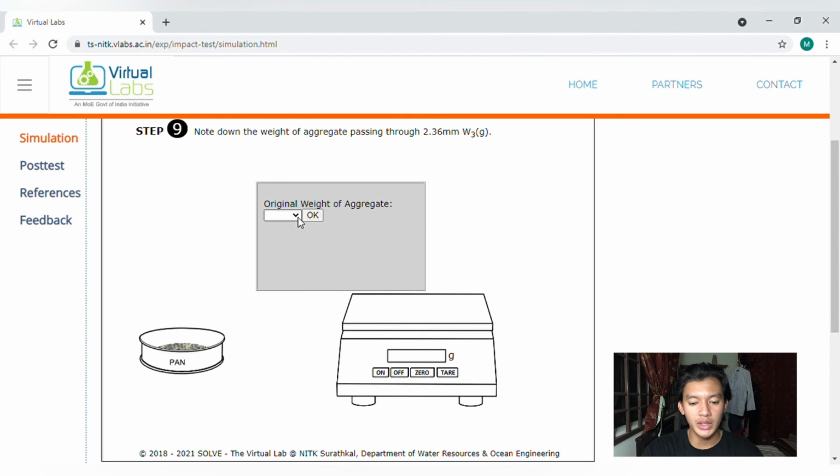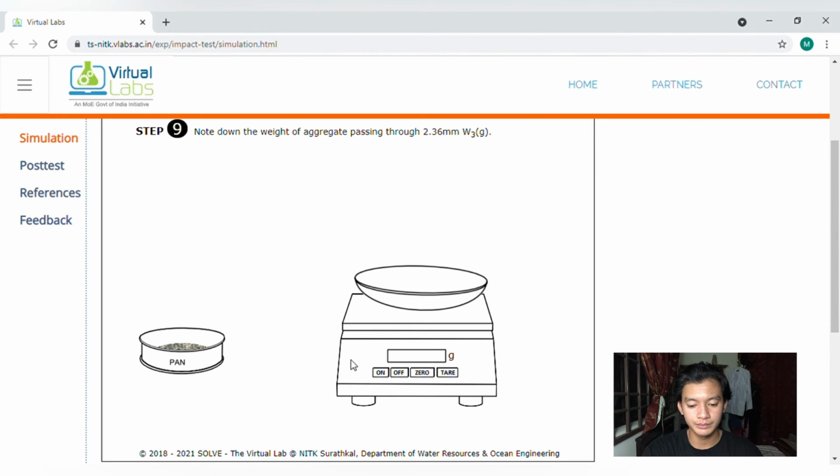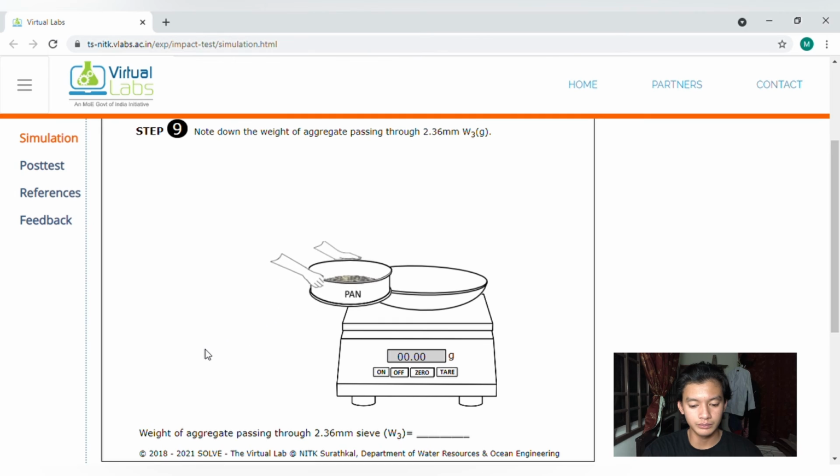The original weight of aggregate is 350 grams. The weight of aggregate passing through the 2.36 mm sieve is 72 grams.